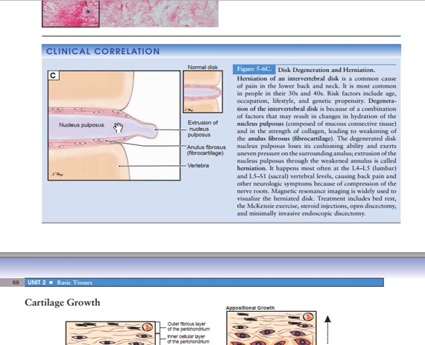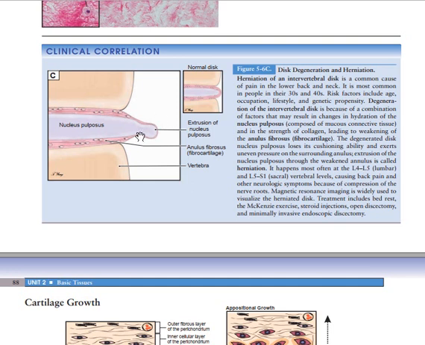This is not actually a histology section, just a diagrammatic representation of how this degeneration occurs. As for the histologic view of disc herniation, it's not easy; it's a clinical diagnosis or an imaging diagnosis, not a histologic diagnosis.